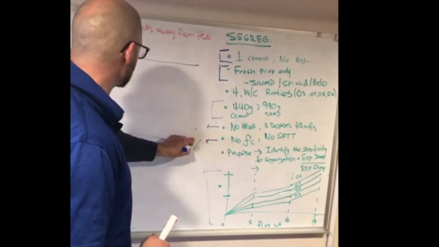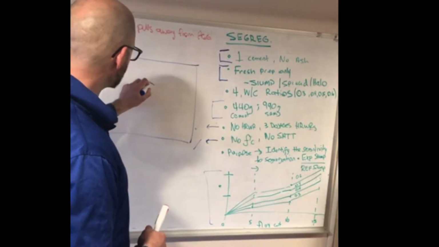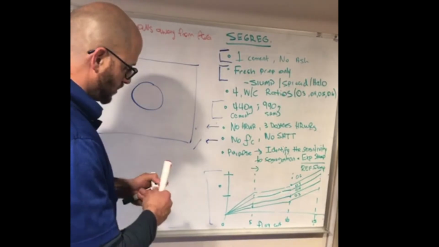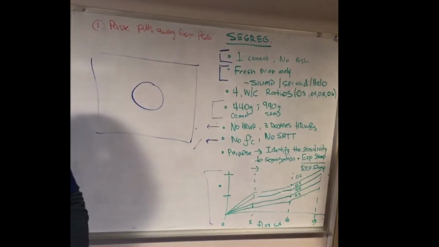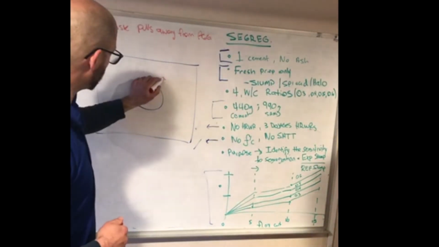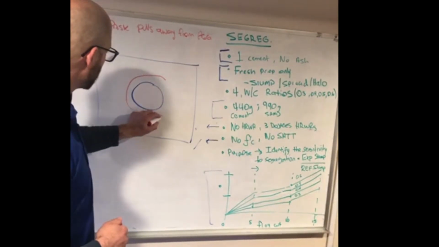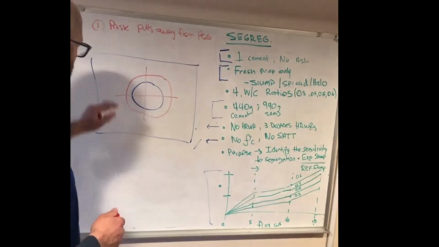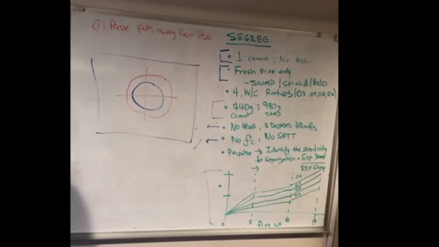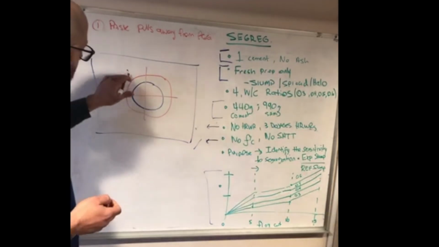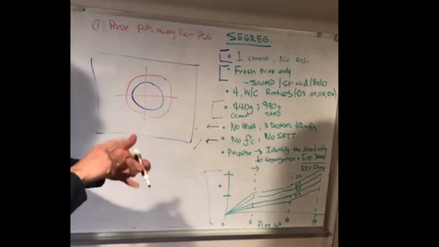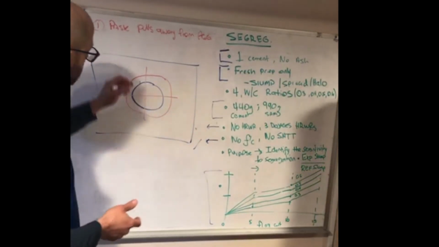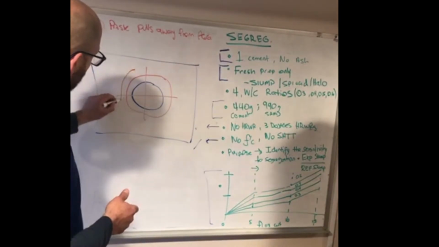Let's say this is our slump board, and this is the bottom of our slump cone, and we yank the slump cone out in our 3 to 7 seconds. We're going to have this spread that we measure at 90-degree angles. So what ends up happening is, instead of spreading out, when we increase both our water cementitious ratio and our high range, we end up getting this higher spread.